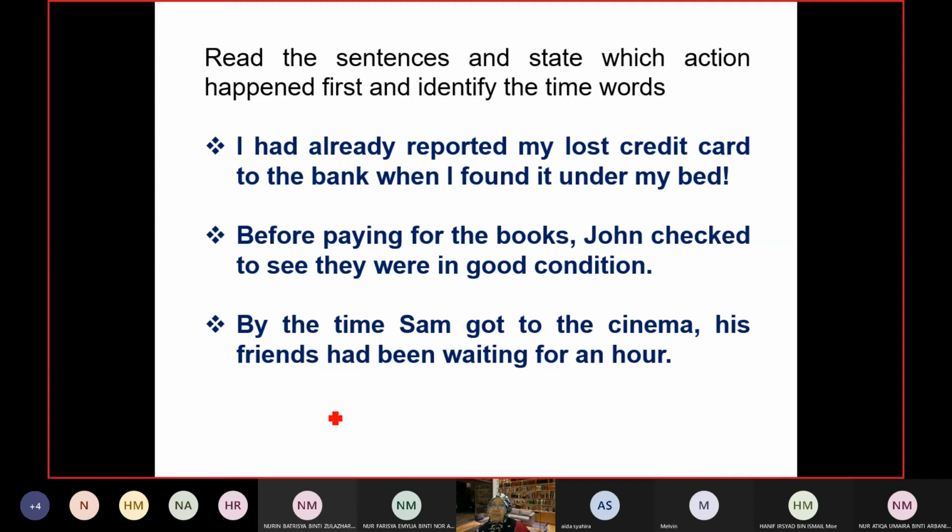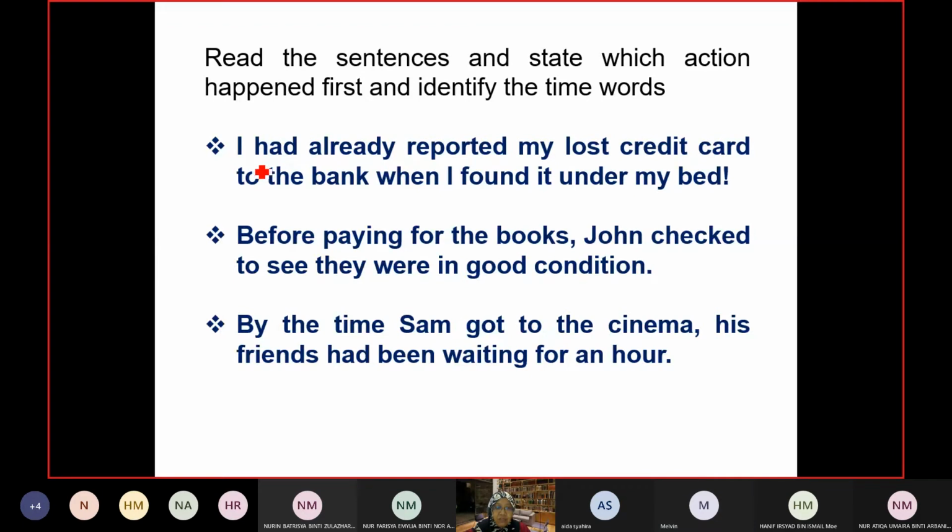Alright, the first one. I had already reported my lost credit card to the bank when I found it under my bed. So which one is the first thing happened? Report my lost credit card. So which one? Had reported.